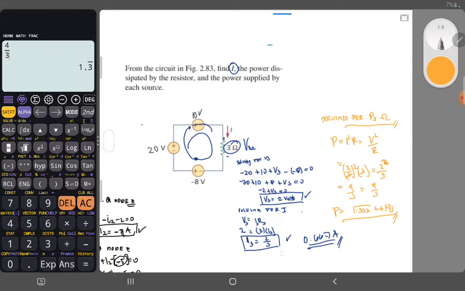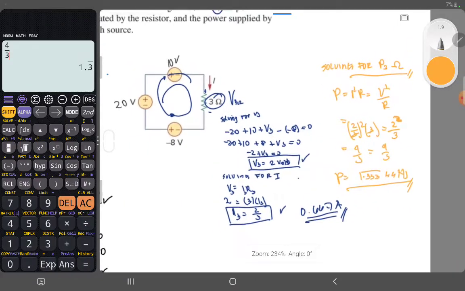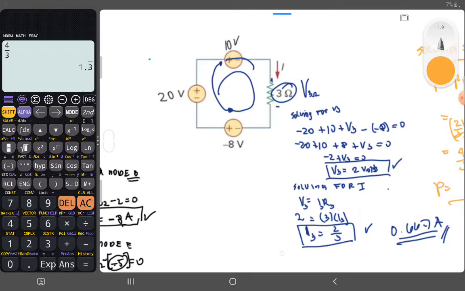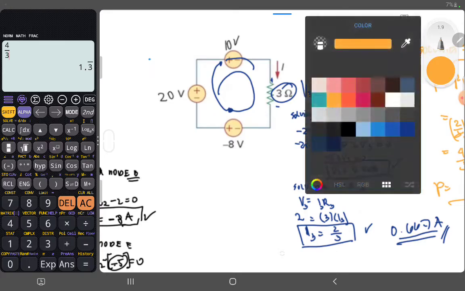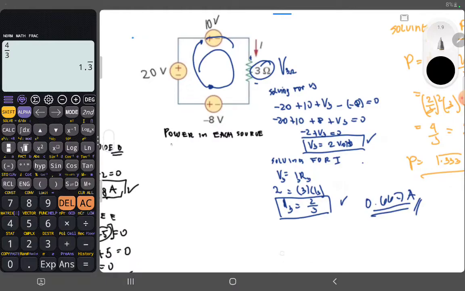Next, find the power supplied by each source. So yung power supplied by each source, depende yan kung saan papasok yung ating current. Okay? So first, yung current natin is 2/3. Power of each source. So palitan natin yung kulay. Okay? So first, dito tayo sa ating 8 volts. P negative 8 volts, which is equal to, take note, yung I natin pumasok sa negative.